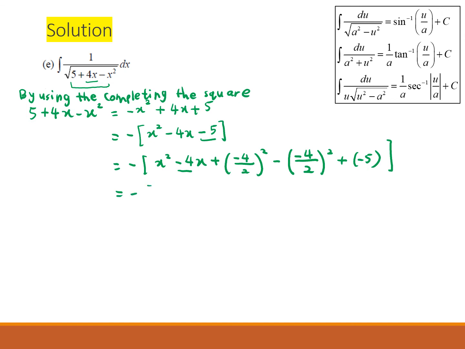And then this can be simplified by factorizing. This will be x minus 2 squared, minus 4 divided by 2 will be negative 2 squared is 4, minus 5.